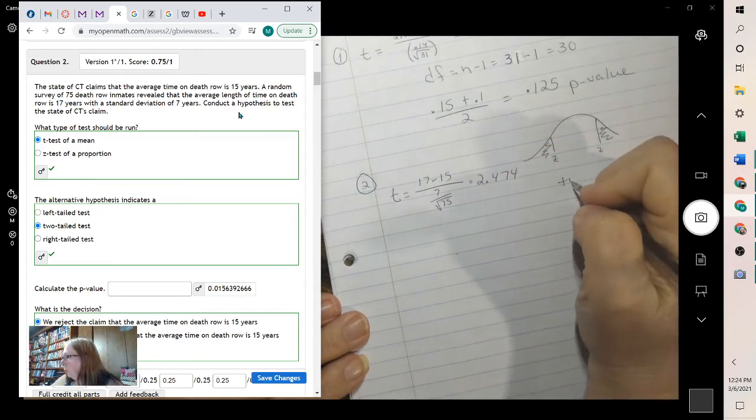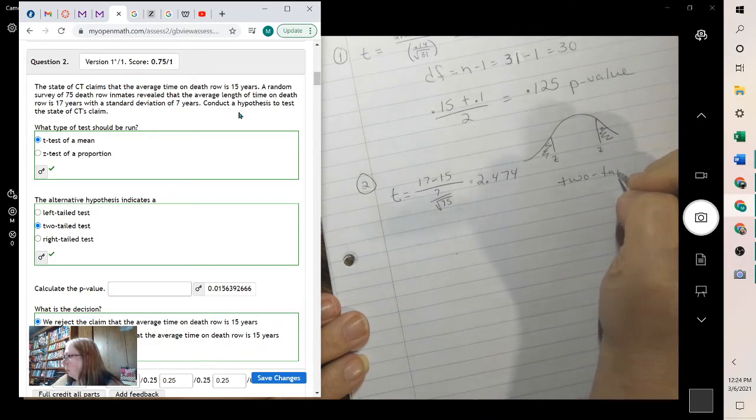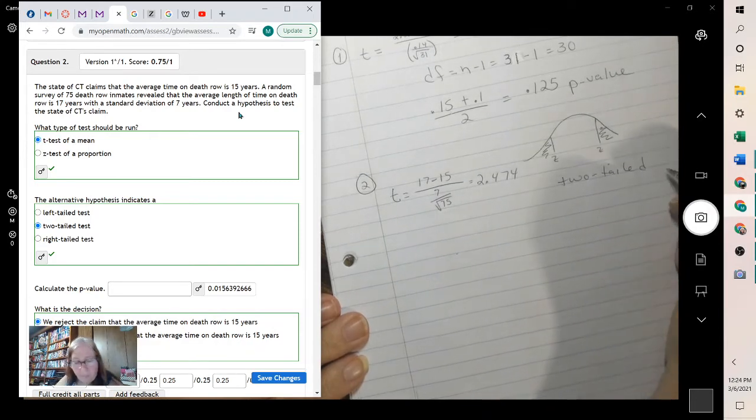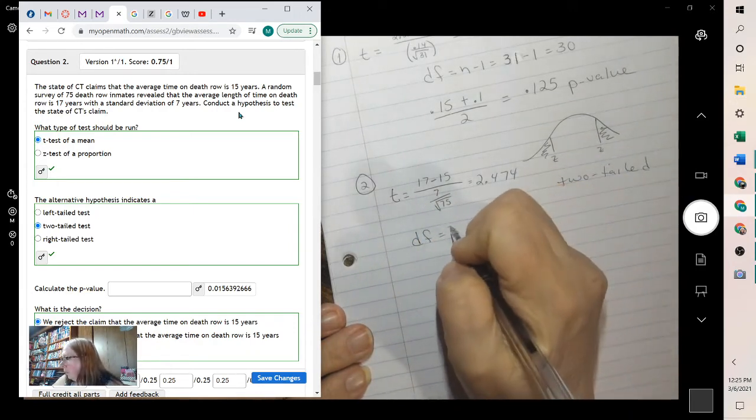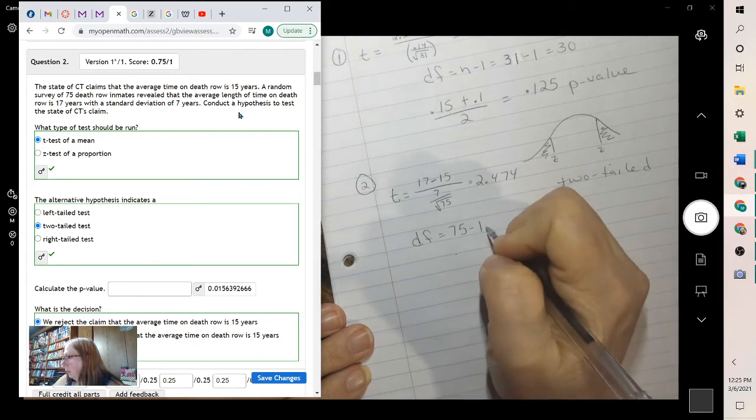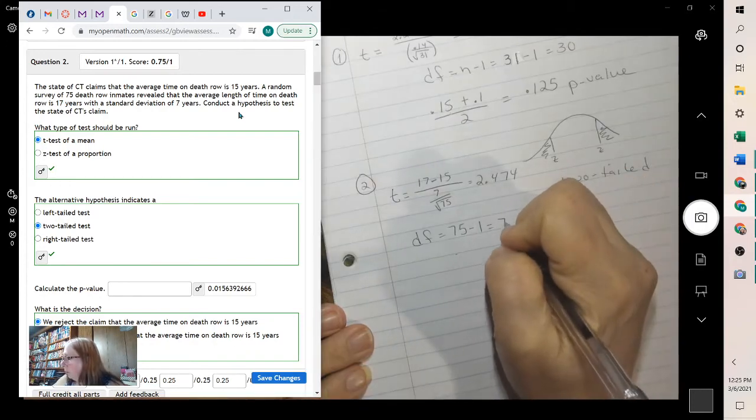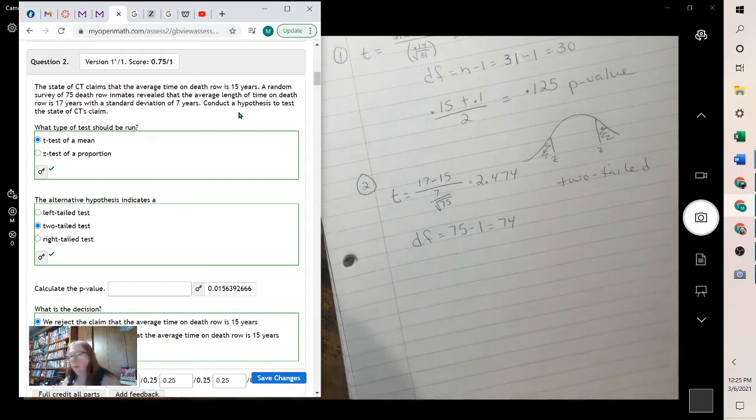Remember, this one's two-tailed. And, oh, degrees of freedom. Now, sometimes when these degrees of freedom are large, you can't find them in the table, so you get one close to it. That's another reason that these are off compared to using a calculator or Excel.